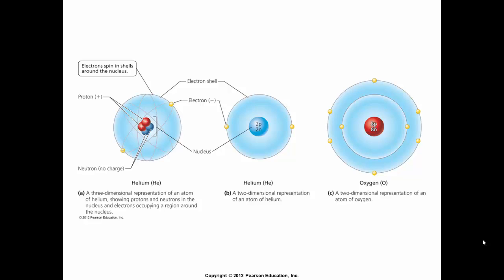So that shell is happy and will not bind any more. H2O would contain the 6 electrons from the oxygen plus the 2 electrons from the hydrogen atoms.